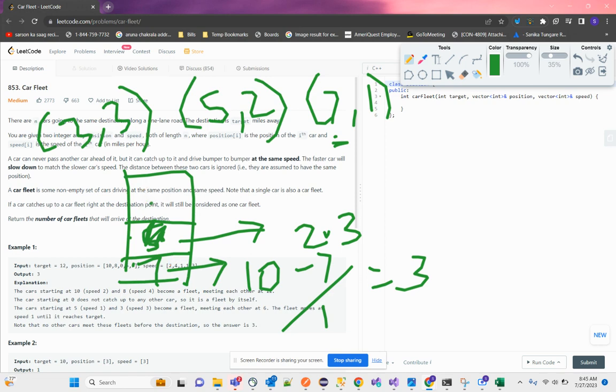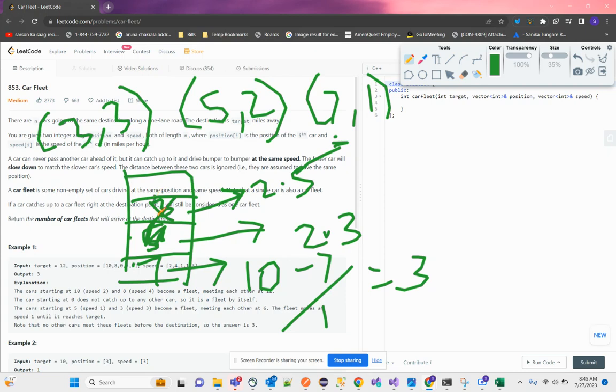Next comes the third one. Again I calculate the time, which is target minus position divided by speed, so it is 2.5 or something like that. Again the time is less than the car ahead, so it is going to collide with the car ahead.